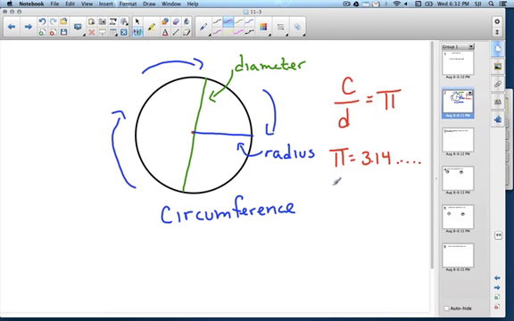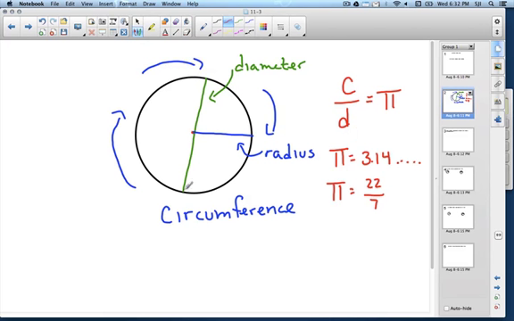We can also write pi as a fraction, and it's normally written as 22 over 7 if you were to write it as a fraction. So both 3.14 and 22 over 7 are equal to pi, and pi is the ratio of the circumference divided by the diameter.